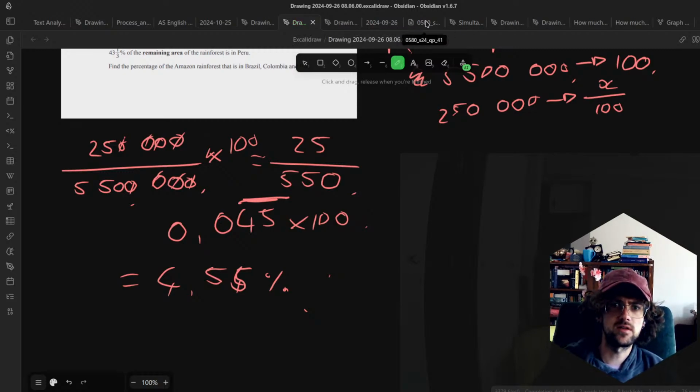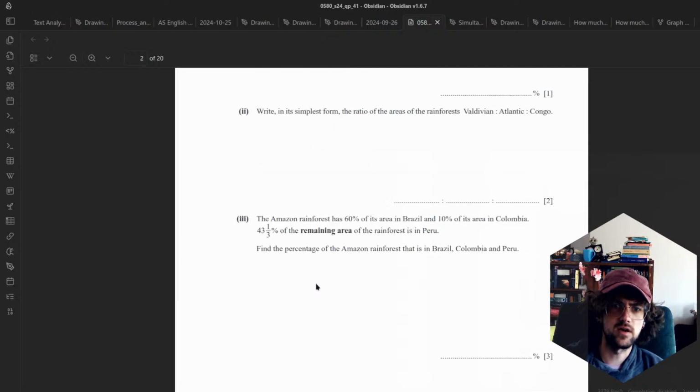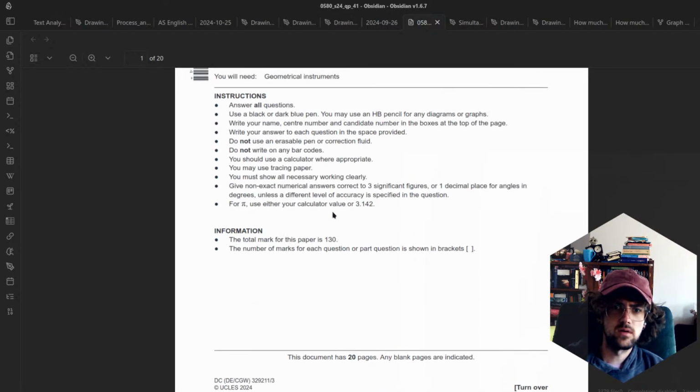Let's see what the instructions say here. Oh, there we go. Correct to 3 significant figures, or 1 decimal place for angles in degrees.